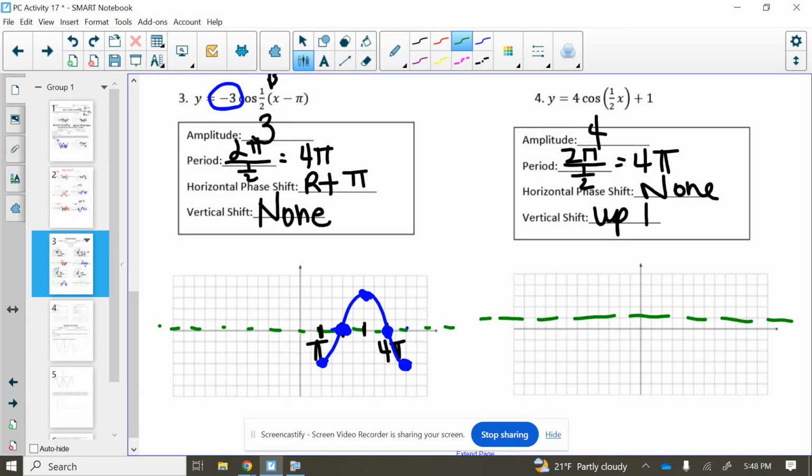So as we calculate these through, again, this time repeating by the time we get to 4 pi, going up by pi's each time on that x-axis. Cosine is going to start 4 units above at the max, back to the midline, down 4 units from that midline to our min, back to the midline, and then back up to the max.